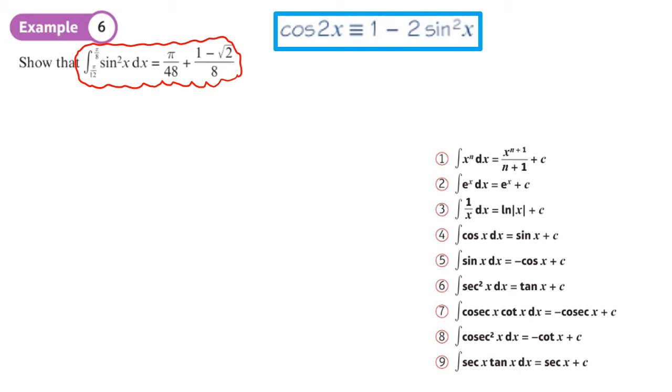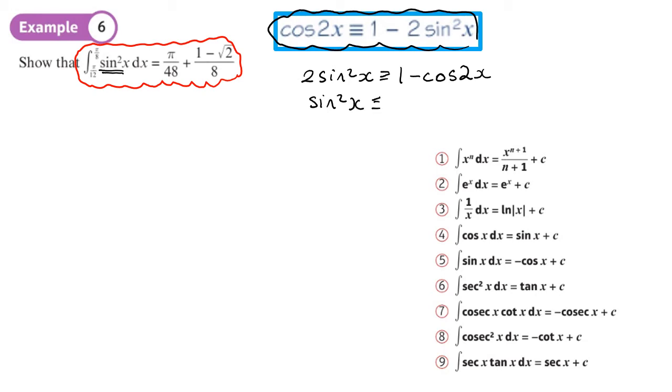So the first thing that we need to do is we can't integrate sine squared easily, can't use the reverse chain rule, but we can use this identity up here, and if I rearrange it to make sine squared x the subject, I will have 2 sine squared x is equivalent to 1 minus cos 2x if I just swap the sides of those two things. If I divide both sides by 2, I'll have sine squared x is a half minus a half cos 2x.